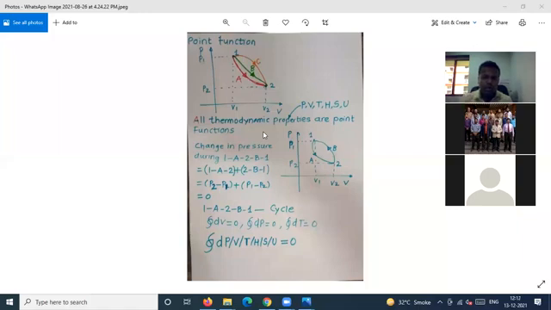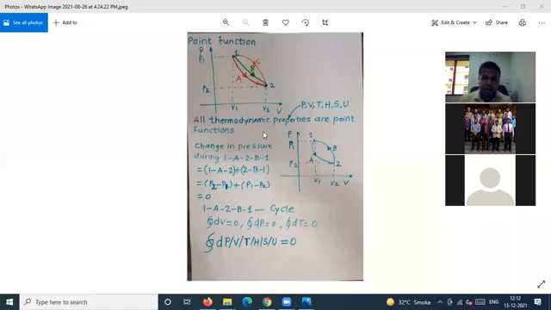Now you might have observed that for 1C2, the area is more as compared to 1B2, and that is more as compared to 1A2. So in every case we have a different area, which means we have a different value of work done.